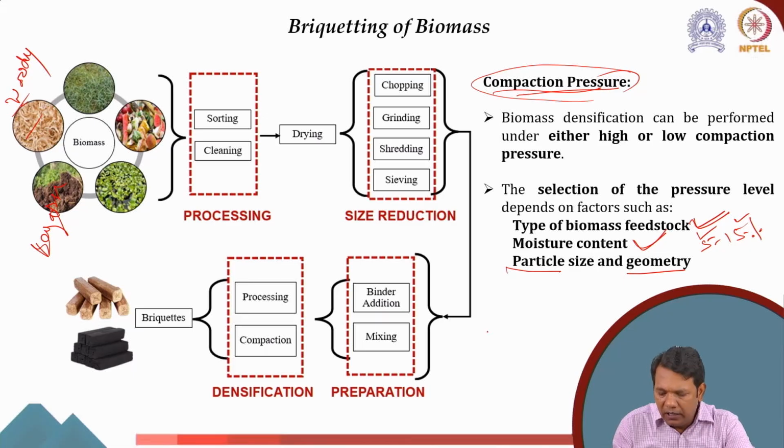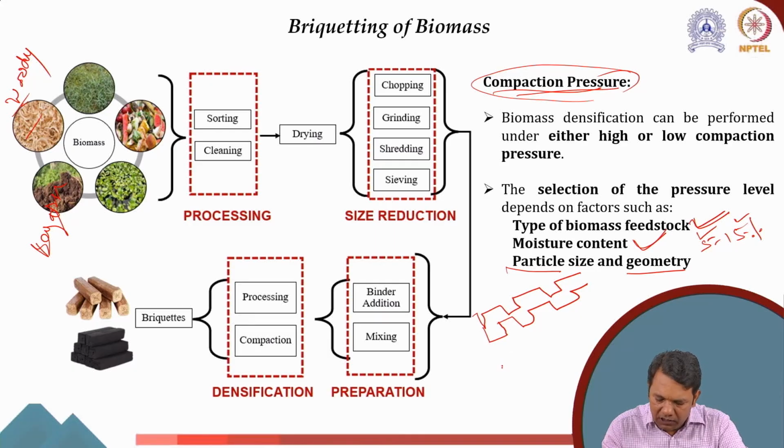So for example, if the shape of my biomass is like this, and then I have another biomass which has a shape like this. Okay, if I compact them hard, what will happen? It will go something like this, and this will come in here.